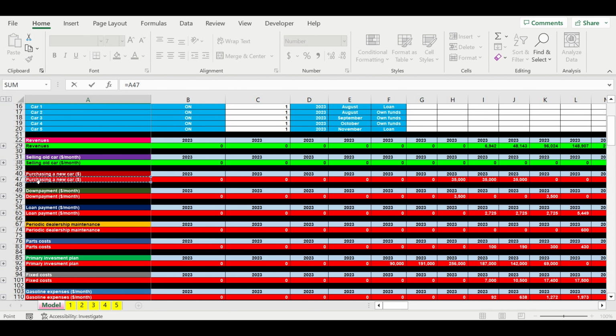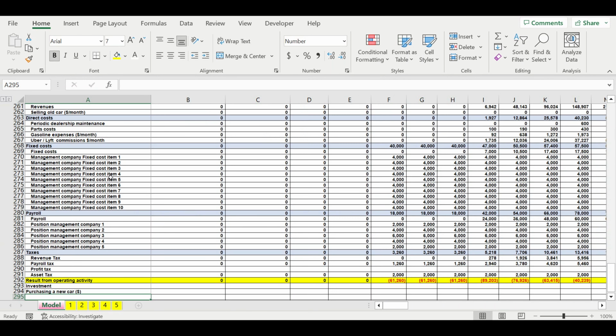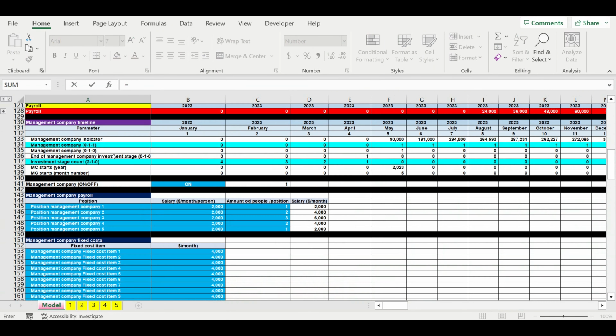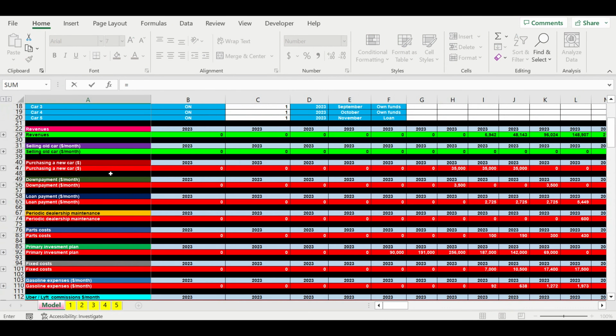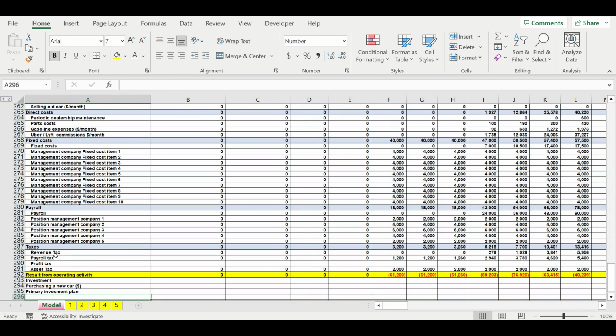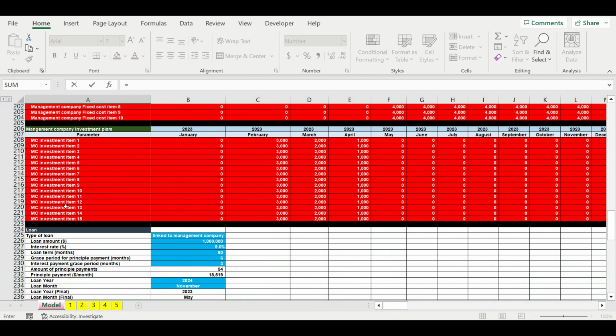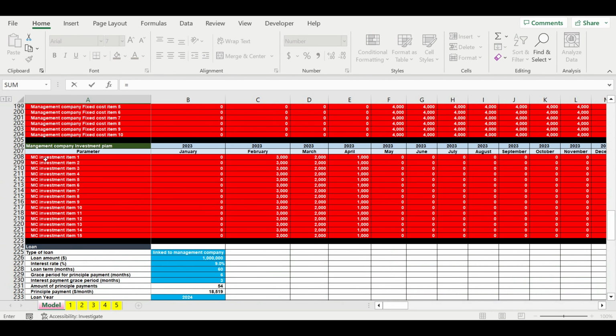First component. Then primary investment plan, the second component, and the investment plan of management company. So I have three components.